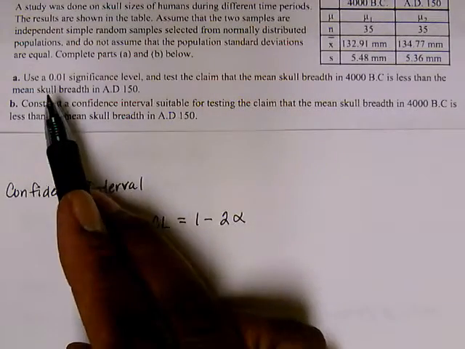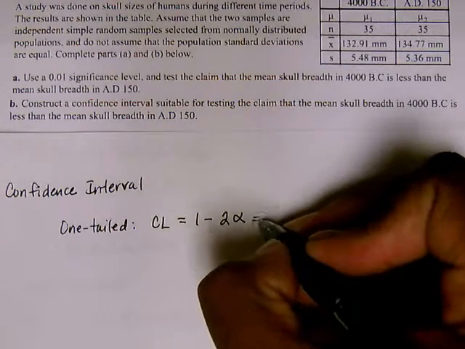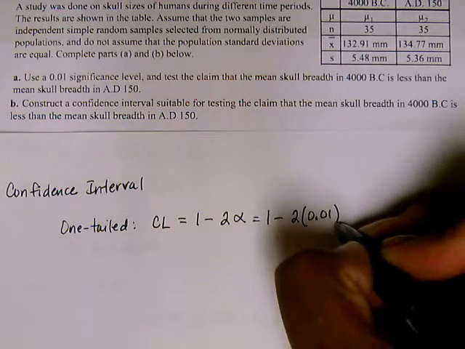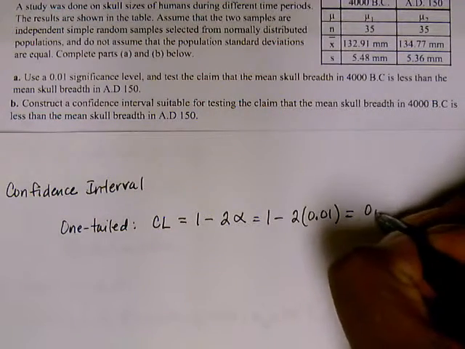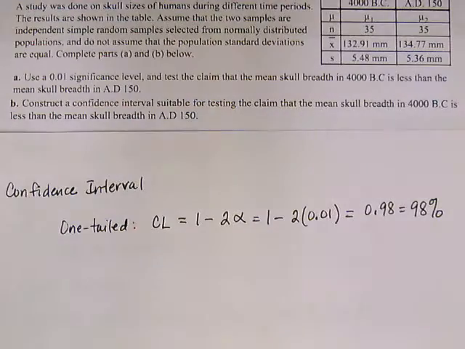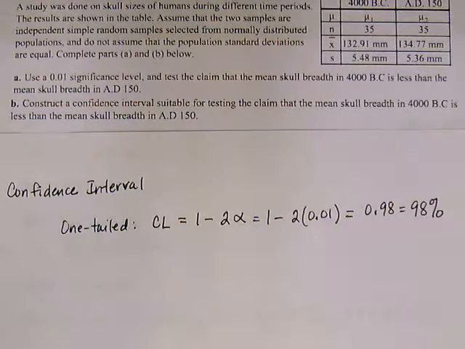And my level of significance was 0.01, so that means I'll have 1 minus 2 times 0.01, which will be 0.98 or 98%. So that means I'm going to have a 98% confidence interval that I need to construct.